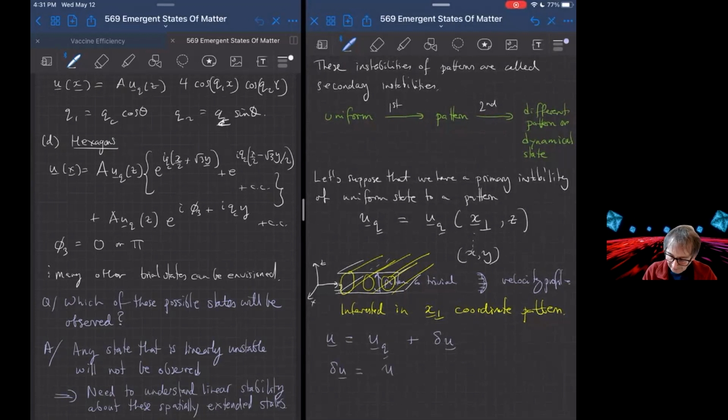It's going to be a function U1 of x perpendicular and z, and then it's going to be modulated by a wave vector in the xy plane. So I'm going to write that as Q dot x perpendicular, and then it's going to grow with some rate omega, which is now going to depend on big Q, times t.